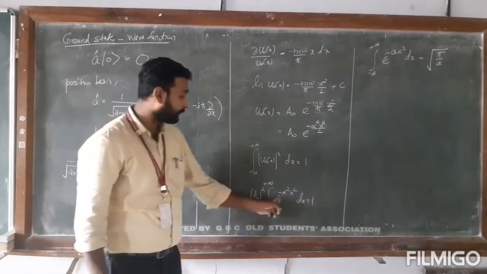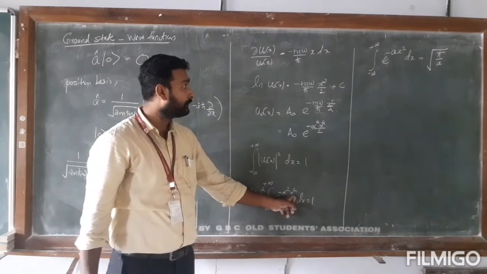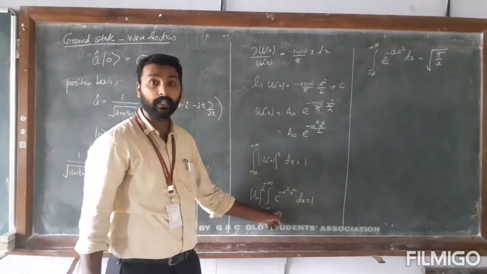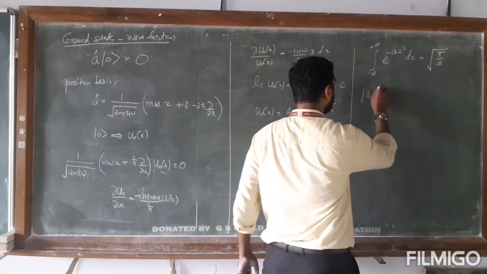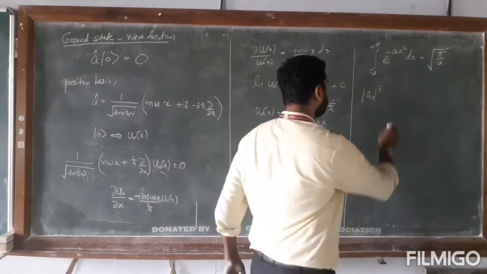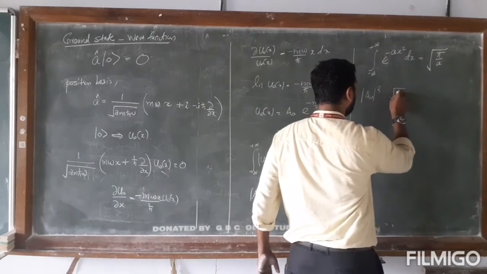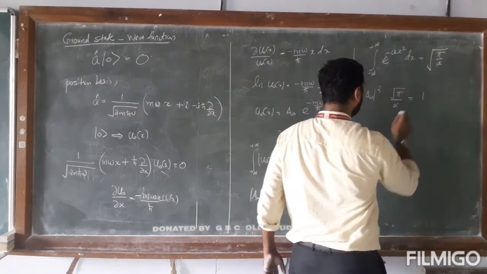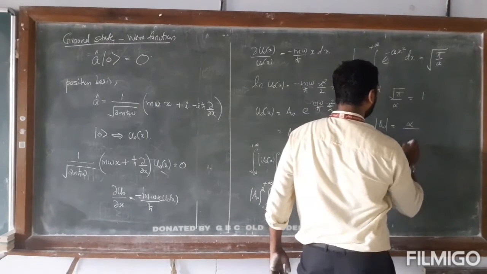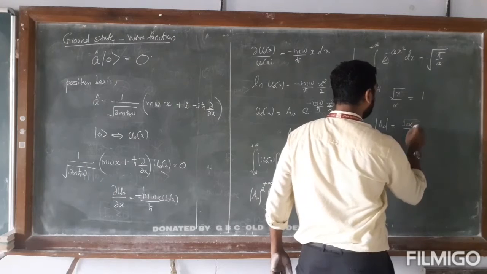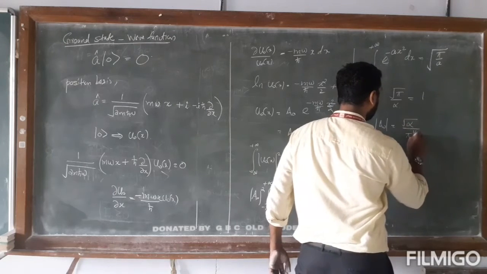Now it is minus alpha squared x squared integration. So therefore this will be root pi by alpha, and hence the result will be mod a0 squared into root pi by alpha equal to 1, and hence mod a0 would be alpha by pi raised to 1 by 4 times root alpha.